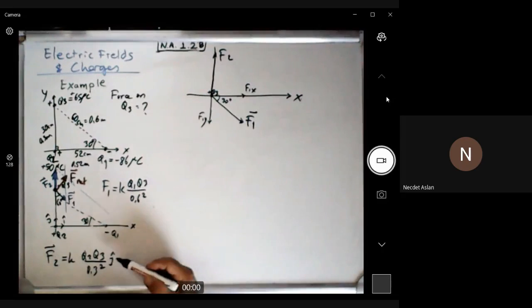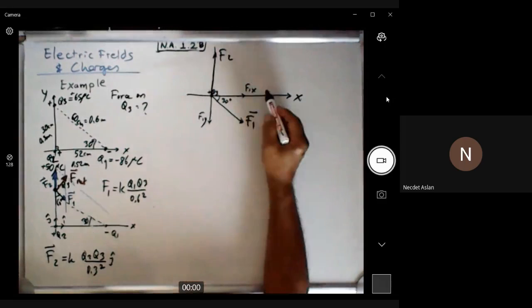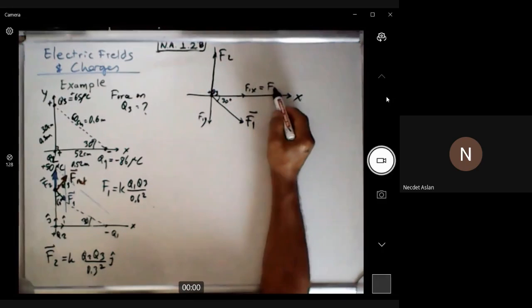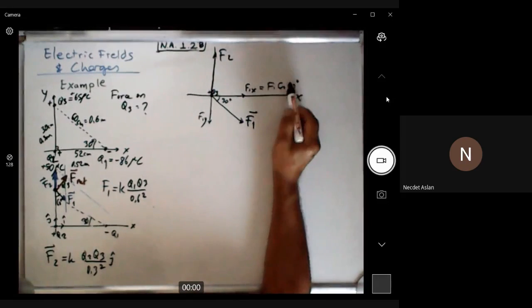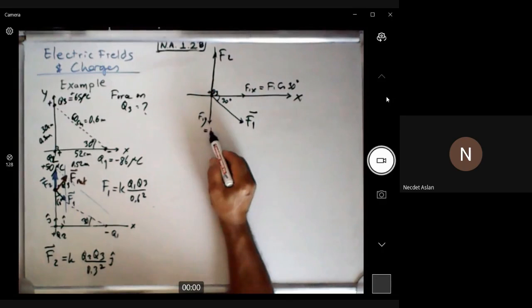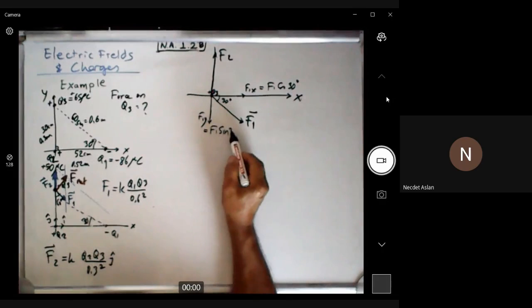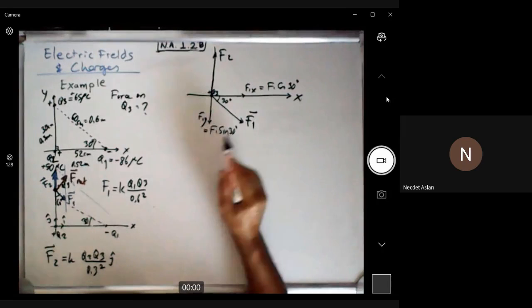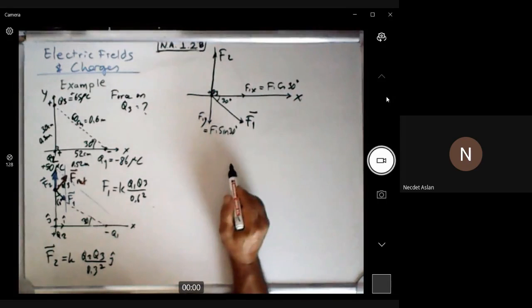Okay, now it's easy to find F1X because F1X is just F1 times cosine 30, but F1Y is equal to just F1 times sine 30. Okay, so we can find these values.